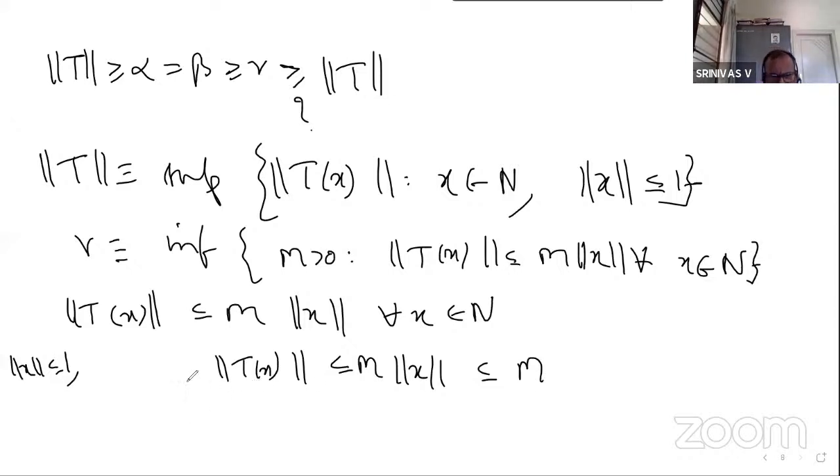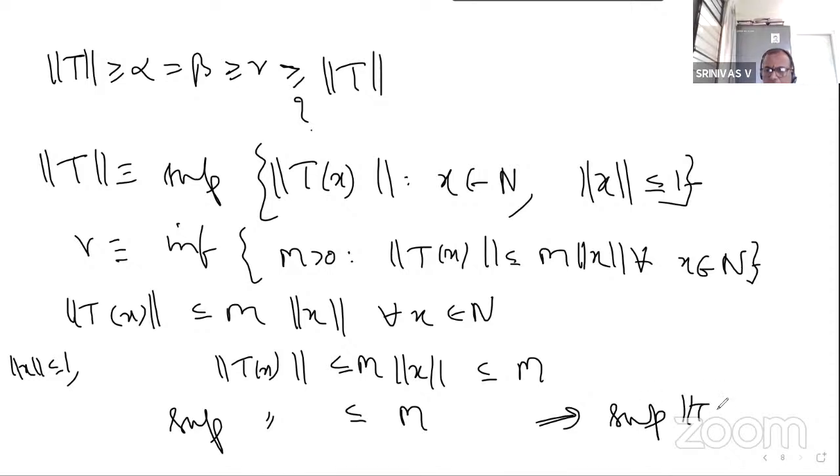Now you take the supremum of all these, for x in the closed unit disk. The supremum has to be less than or equal to m. I am taking one m value, and for that one m value I am able to do this. If you let these m values vary and among all such m values you take the infimum, that implies the supremum of norm Tx is less than or equal to the infimum of m's.